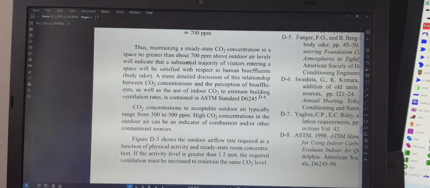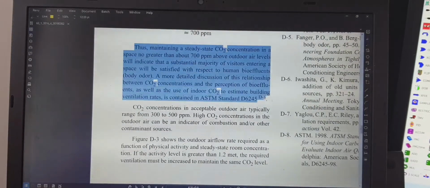If it goes above 700, then you need to design a strategy or design a program wherein you are introducing fresh air into the space so the CO2 levels go down to 700 ppm. That's our set point. So this is what I'm going to discuss about. This is the set point which I'm discussing. So you see, we need to make sure. So I'm indirectly designing a strategy also.